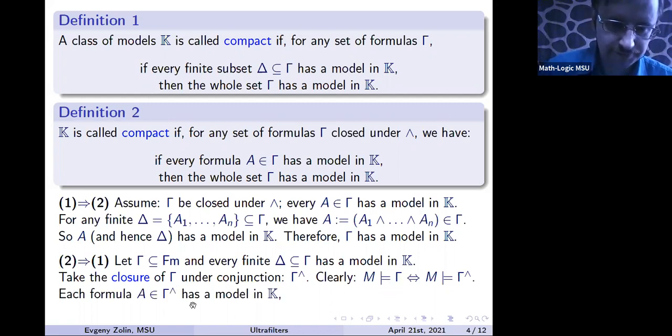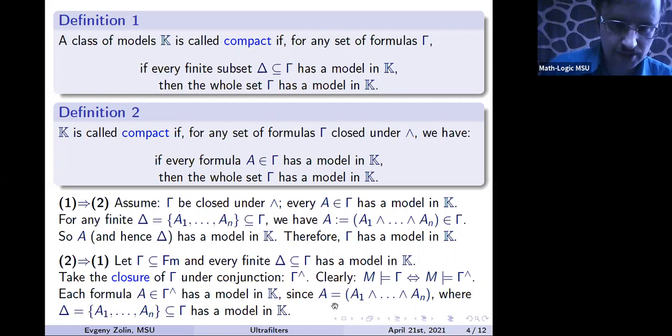And therefore, we will use definition 2 as assumption. So each formula has a model in K. Because if we take any finite subset, any formula in this new set is a conjunction of finitely many formulas from the original set.